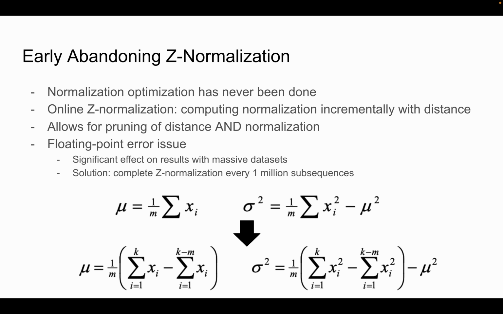Since the data here is in the billions and trillions, this error further accumulates to a point where results are affected. To account for this, a complete z-normalization is computed every 1 million subsequences. This complete normalization simply recorrects the statistics, so the accumulated error is removed and has no significant effect on results.